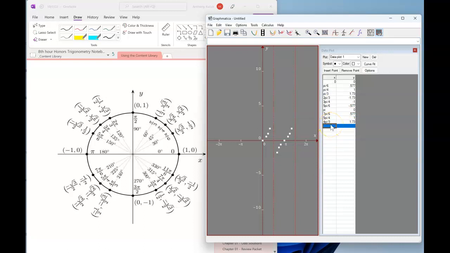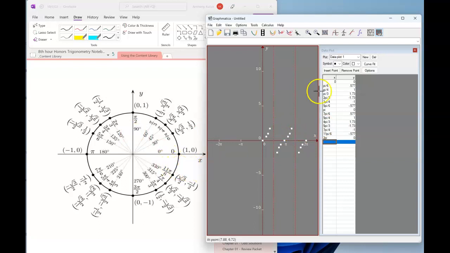Okay, and then we'll have 5 pi over 3, and that'll be negative square root 3. 7 pi over 4, that'll be negative 1. We'll have 11 pi over 6, that's negative 0.577. And then we'll have 2 pi and 0. And that's one full trip through the unit circle.